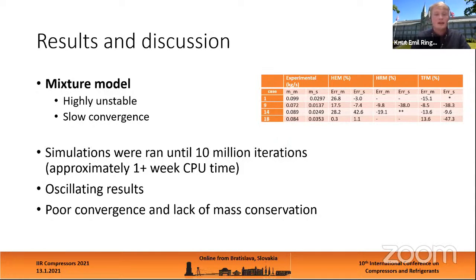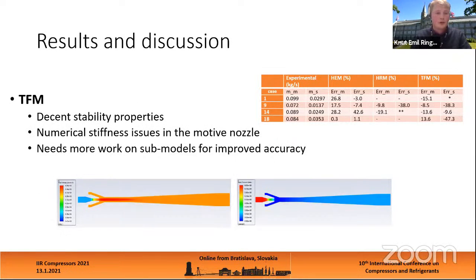Since these operating conditions are unknown, we saw that we had to cut the results before a converged solution was found. Unfortunately, the results were still oscillating, and we reached poor convergence. So these were not included in the comparison.